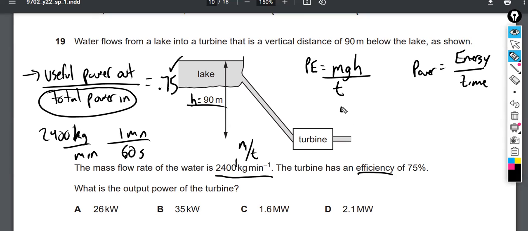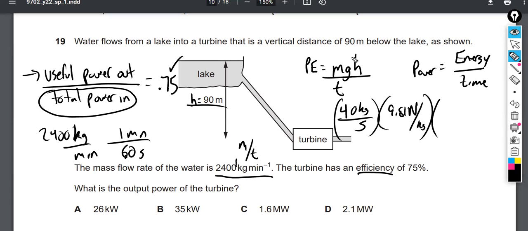So we have 40 kilograms per second. If you're getting 2,400 kilograms in a minute, that's 40 kilograms every second. So there's our mass per time. 9.81 newtons per kilogram, the gravity field strength, force per mass, and then the height is 90 meters.